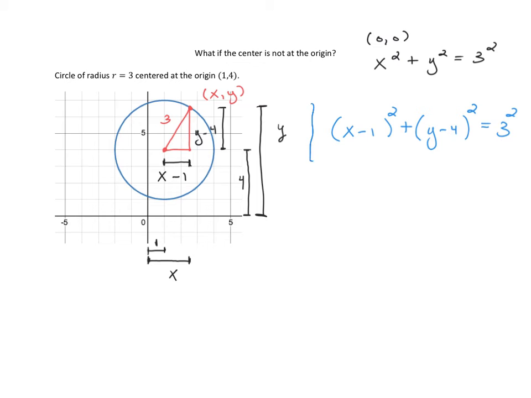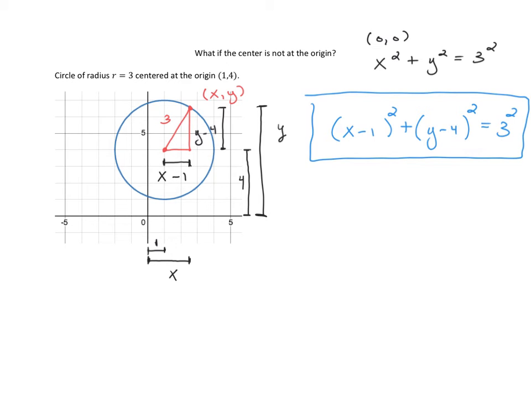This is the formula if your center changes. Notice what happened. It's a very similar form, but what changed was the value here and the value here. If your center is at 1 for an x value, that just means you subtract 1 from that x value. If your y value here is 4, that means you just subtract that number from y.